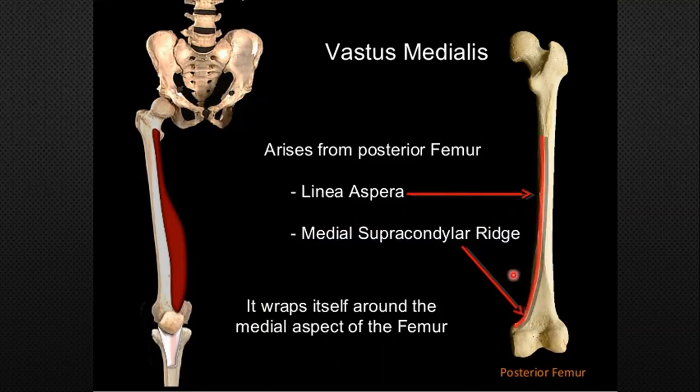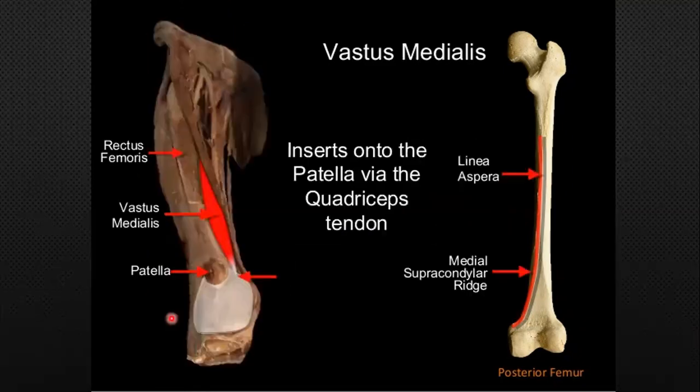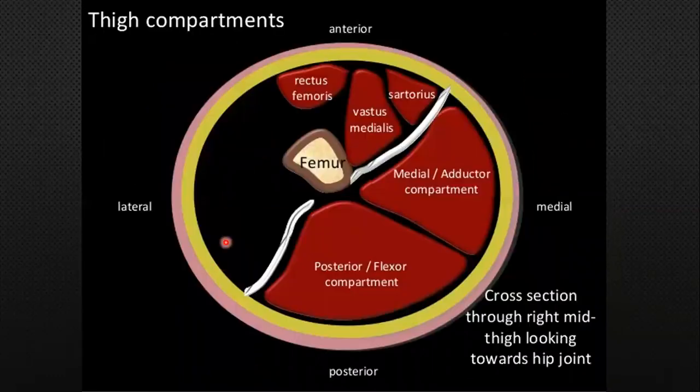Okay, and then it wraps itself around the femur bone to come forward anteriorly, and then its tendon is inserted with the other quadriceps muscles upon the patella. This is the vastus medialis muscle inserting upon this patella. Okay, and this is the position occupied by the vastus medialis muscle in the thigh.